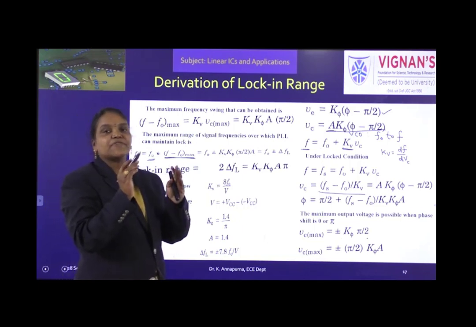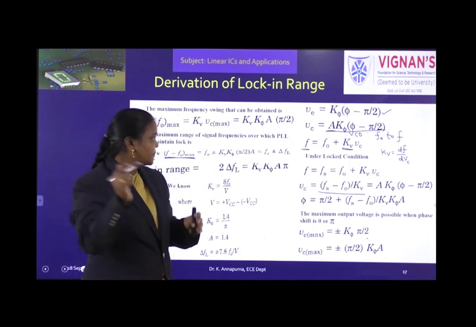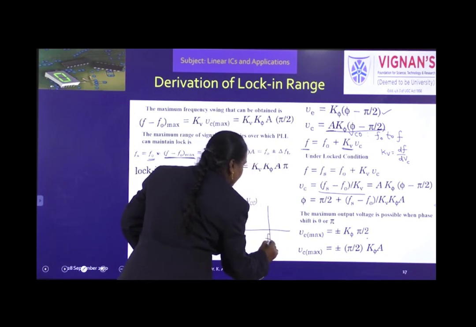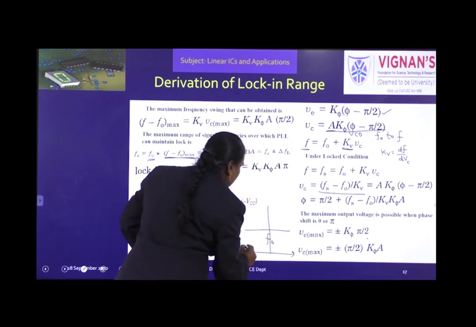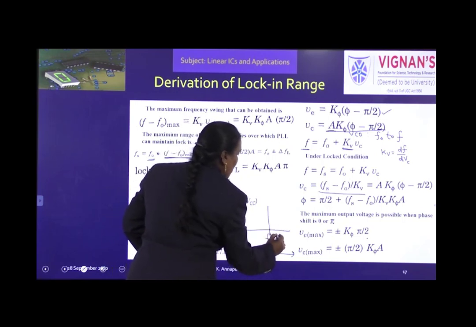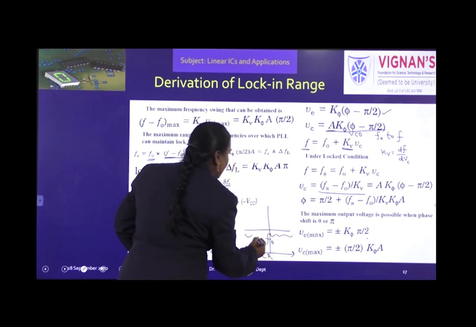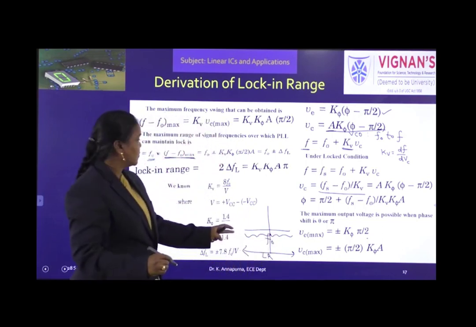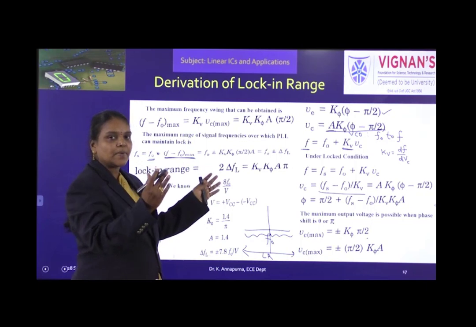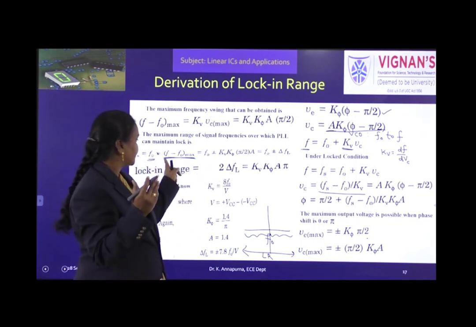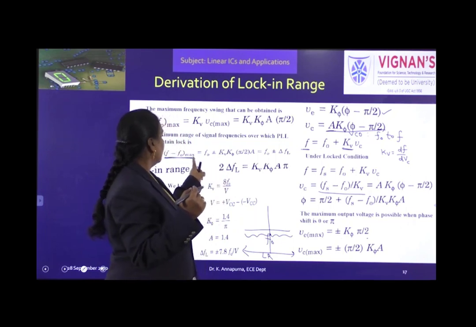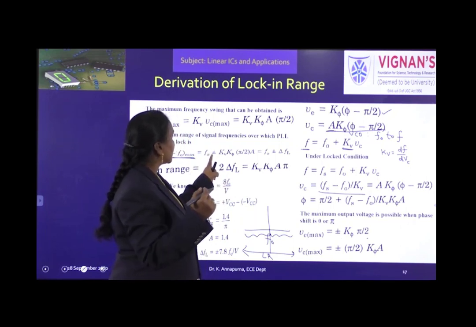So F minus F naught max means, suppose this is F naught and this is the lock range. So on the positive side or on the negative side, same level. Okay. So this is F minus F naught max. So maximum how much it can vary directly. Okay. So that is equal to F naught plus or minus.